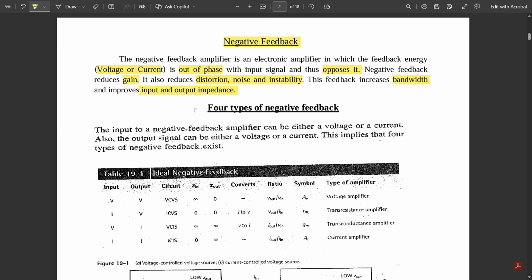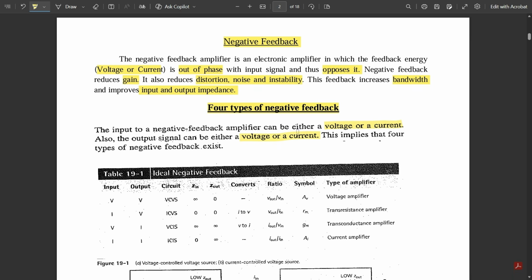Now let us see the four types of negative feedback amplifier. So the input to a negative feedback amplifier can be either a voltage or a current. Okay. Also the output signal can be either voltage or a current. This implies that four types of negative feedback exist, because the input side could be either voltage or current, and the output side could also be either voltage or current.